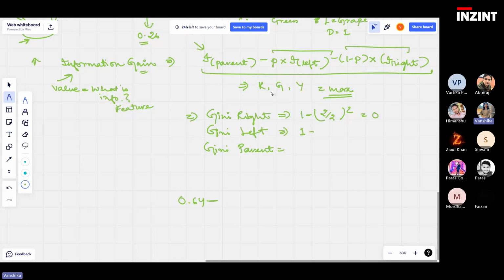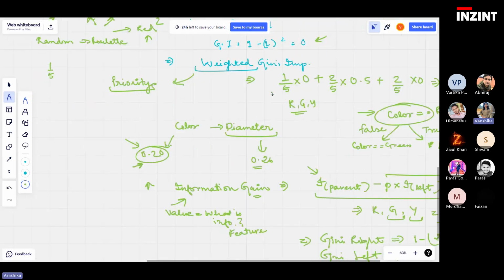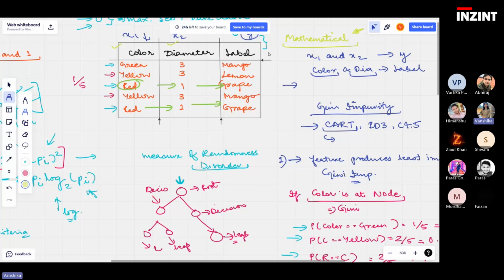Let's calculate for the left subtree. For the left subtree, there could be two cases: either the label could be green or it could be yellow. So if we go back, right here, you can see that we have green, yellow, and yellow. So in total, we have three labels. If we traverse through the left tree, of these three labels, one is green and two are yellow.